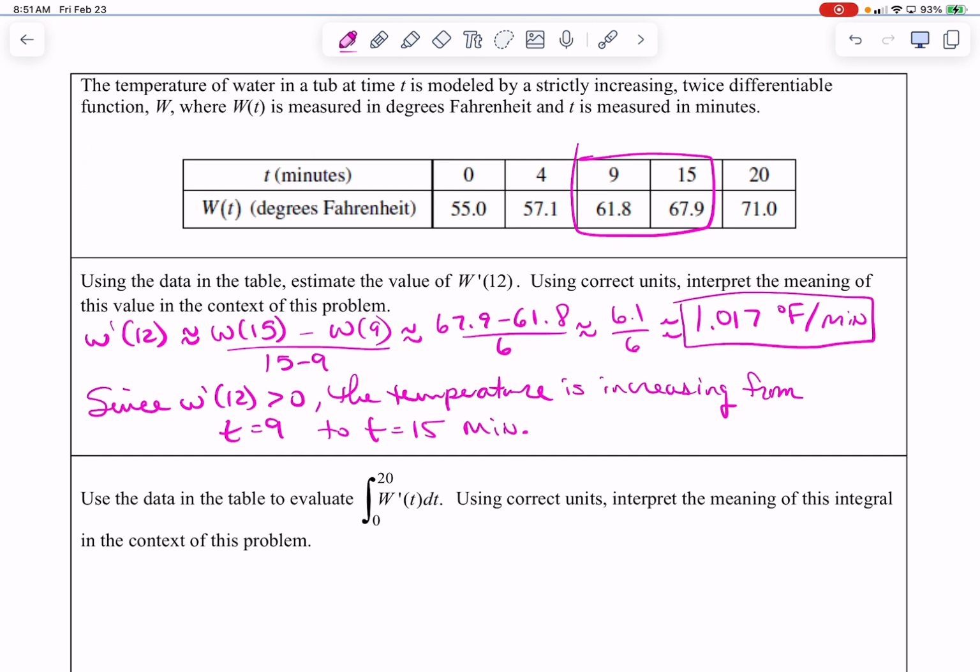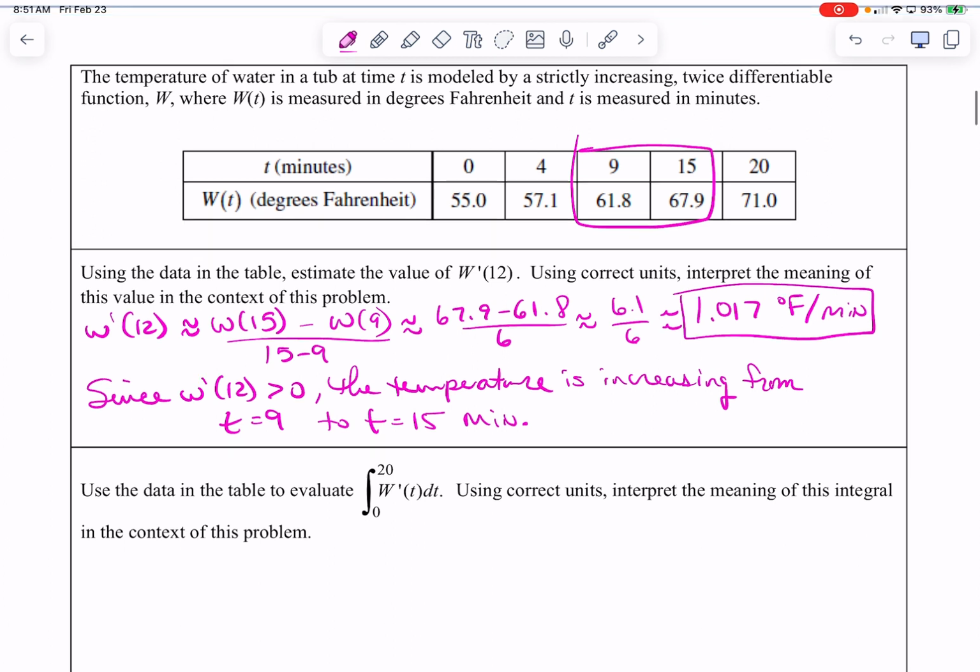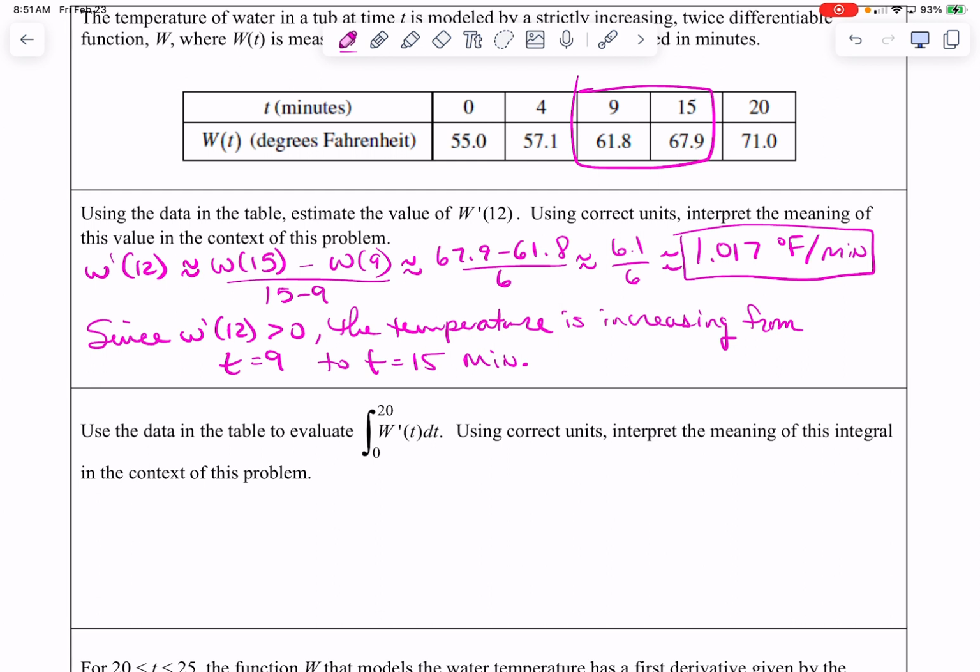Using the data in the table, evaluate the integral from 0 to 20 of W prime of t dt. Using correct units, interpret the meaning of that integral.